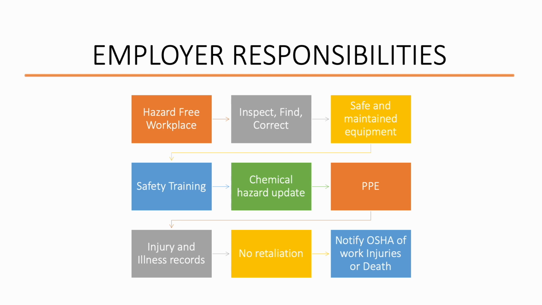They must provide safe and properly maintained equipment, accessible safety training for all employees, and they must inform employees about chemical hazards through training, labels, chemical information sheets, and other methods. Employers must provide the required personal protective equipment at no cost to workers. They must keep accurate records of work-related injuries and illnesses. Your employer cannot retaliate against you for using your rights under the law, and they must notify OSHA of work injuries or death.